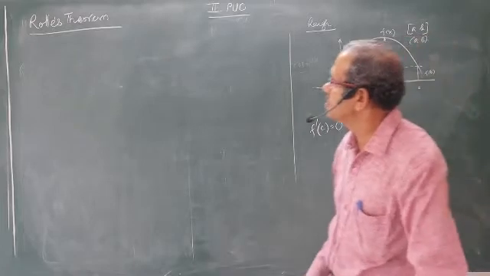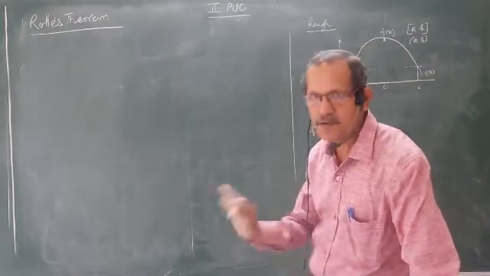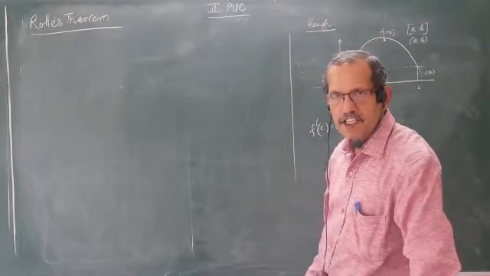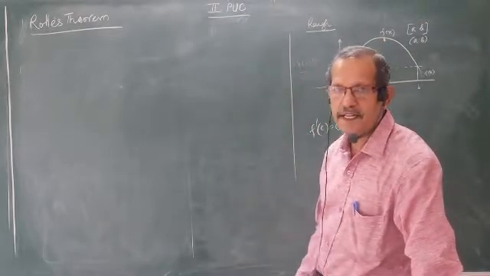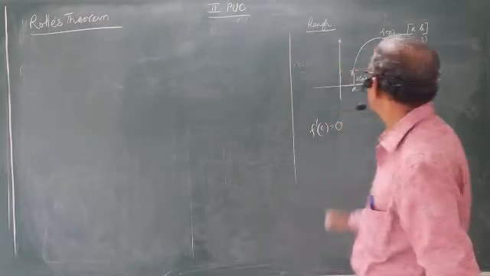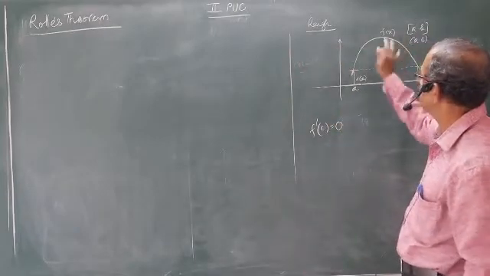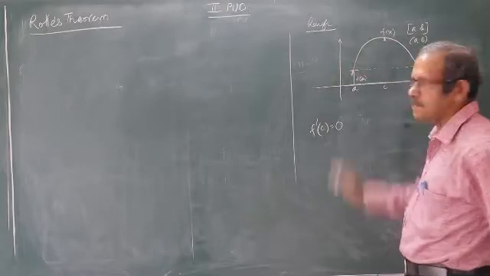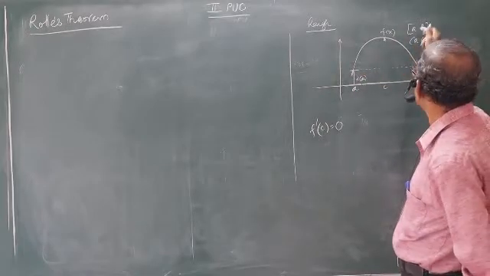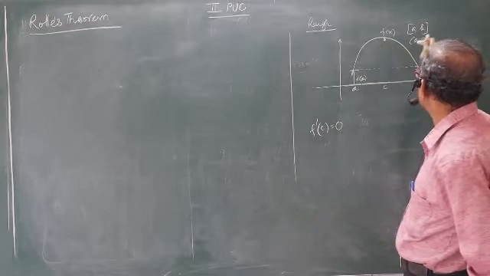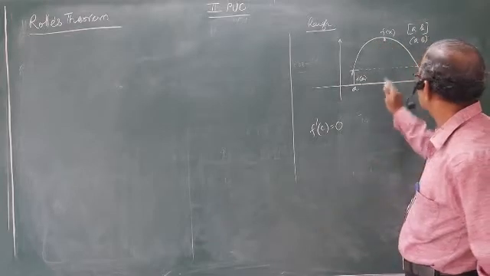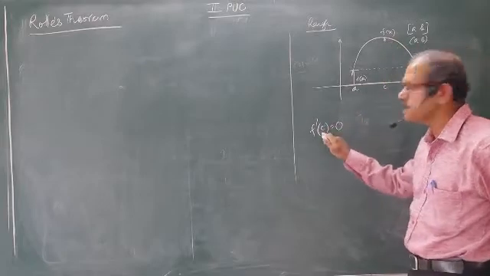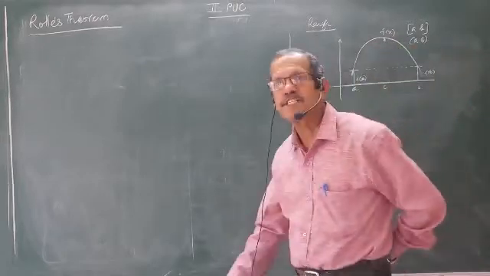But remember, there is no proof for this. Proof is not required. Only give the statement and verify the theorem for certain examples. They have given this in the syllabus. So proof is not necessary, but you must make the idea clear: consider a function continuous in the closed interval, differentiable in the open interval. Then there exists a point C such that the derivative of the function at that point is always 0. This is Rolle's theorem.